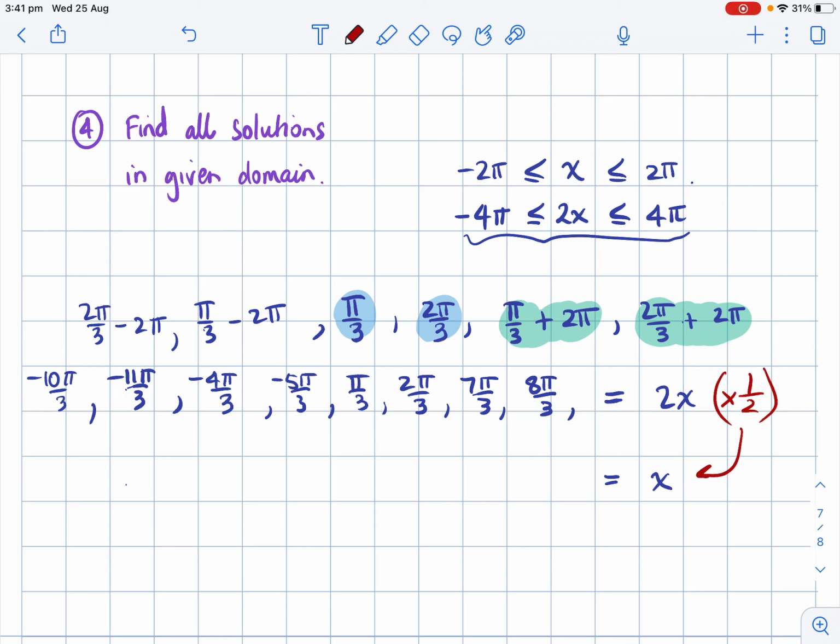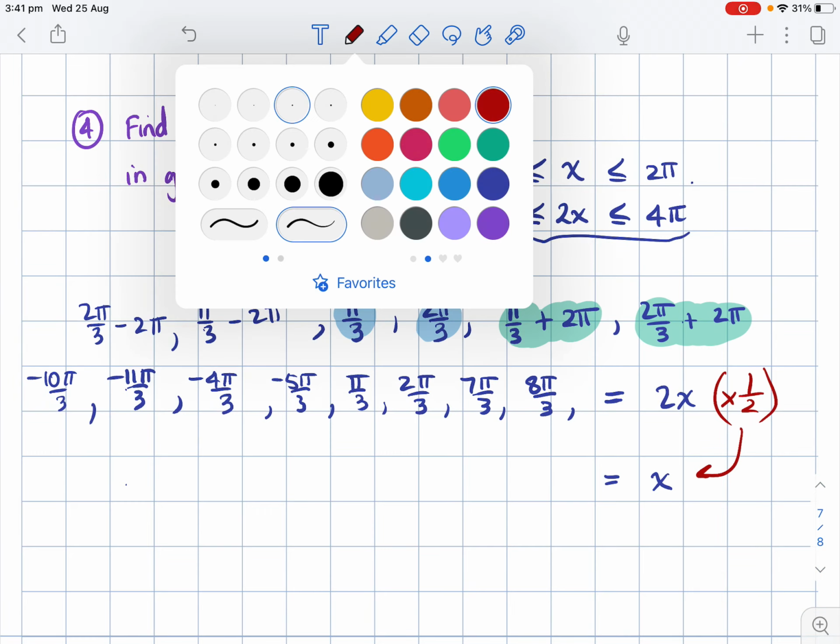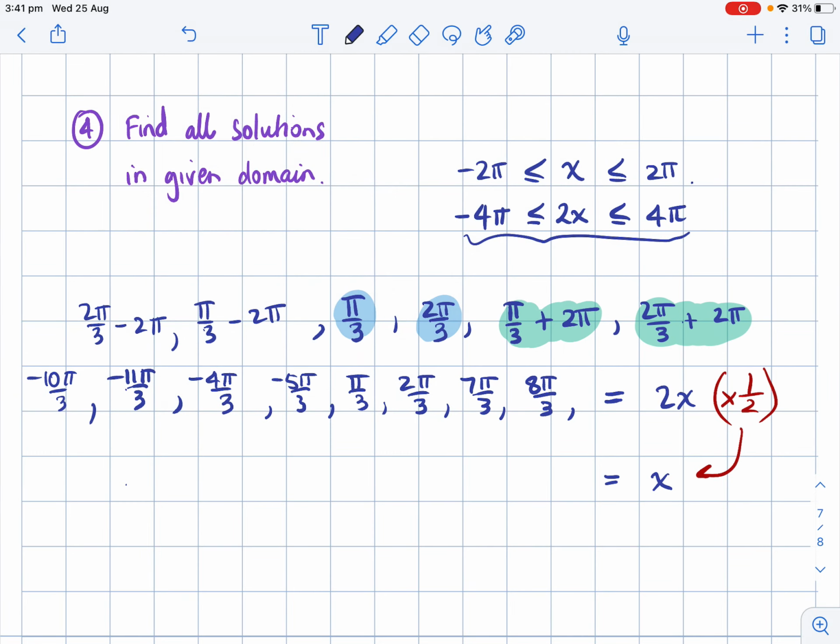So if I multiply 2x by 1/2, I get x. And my reason for choosing to multiply by 1/2 is all of these fractions on the left-hand side are really easy to multiply by 1/2. And you can see the pattern, the consistency here. I always end up with just a denominator of 6.